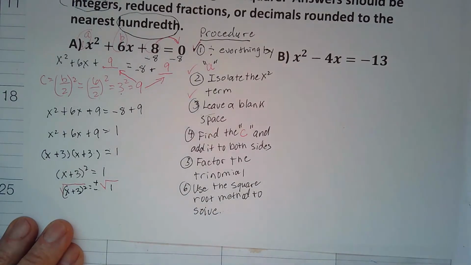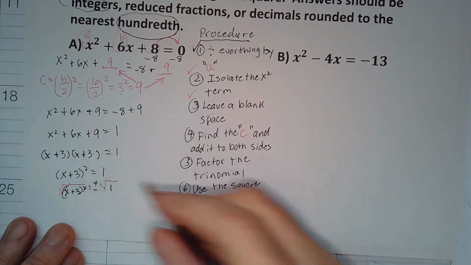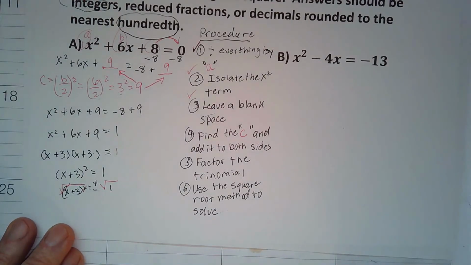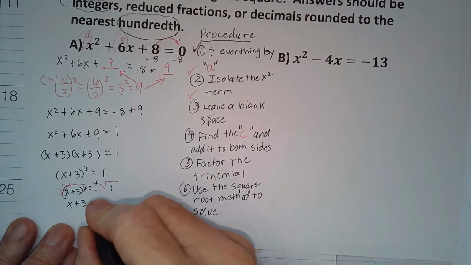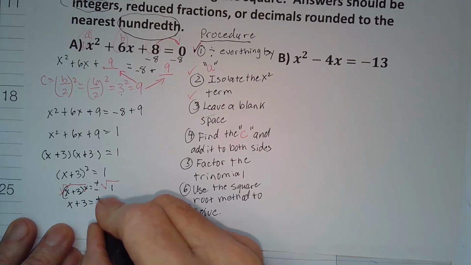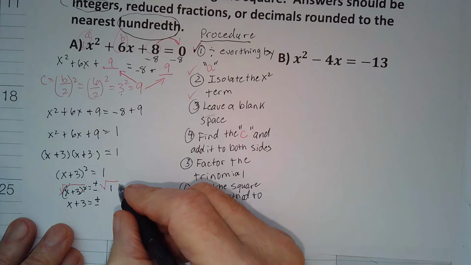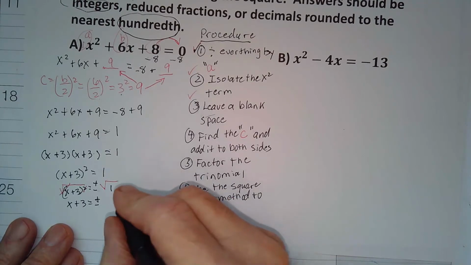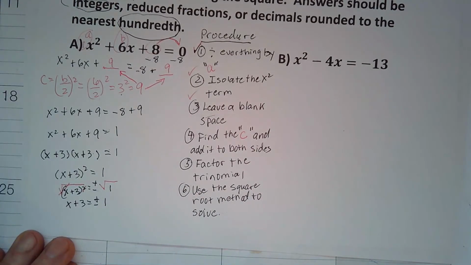Now, when you take the square root of x plus 3 squared, the squared and the radical sign cancel out each other. So you rewrite this as x plus 3 equals plus or minus the square root of 1. And what is the square root of 1? Well, isn't the square root of 1 just 1? Because 1 times 1 is 1. So x plus 3 is plus or minus 1.